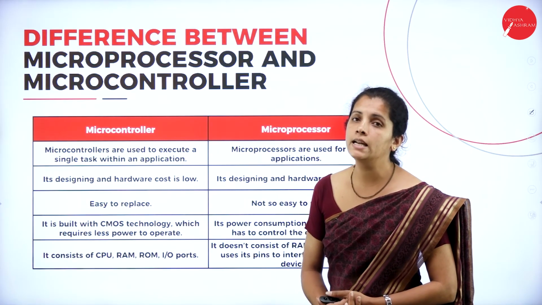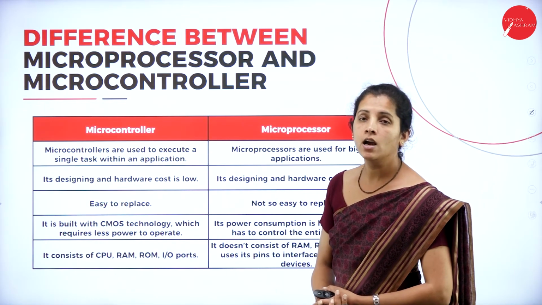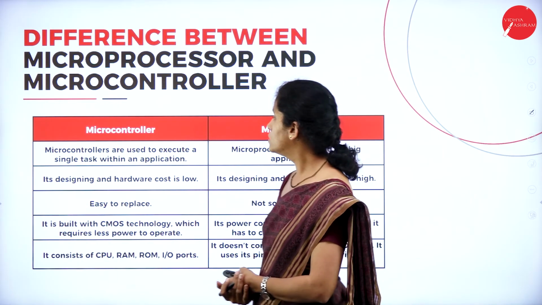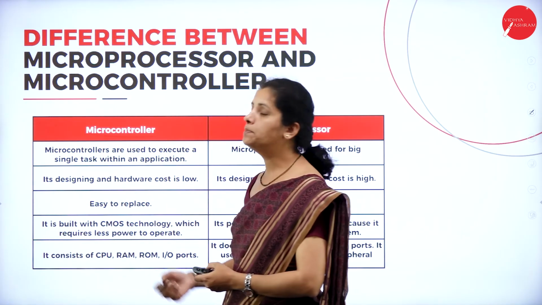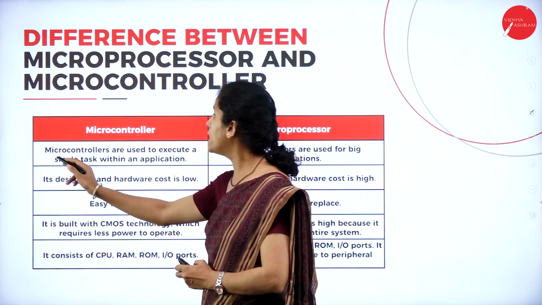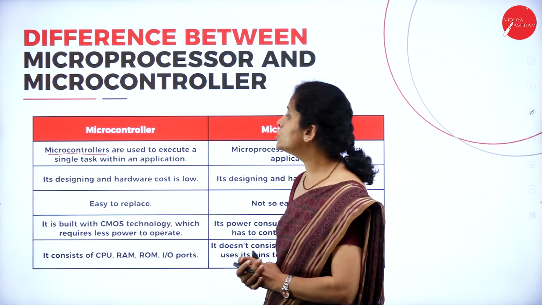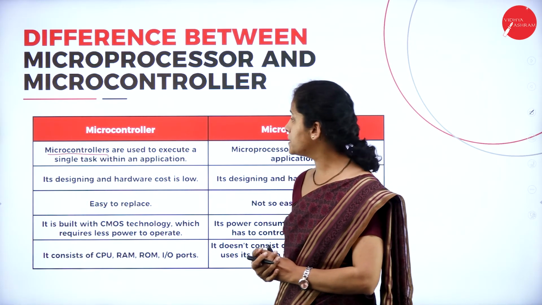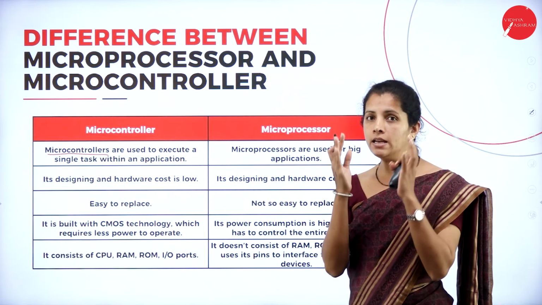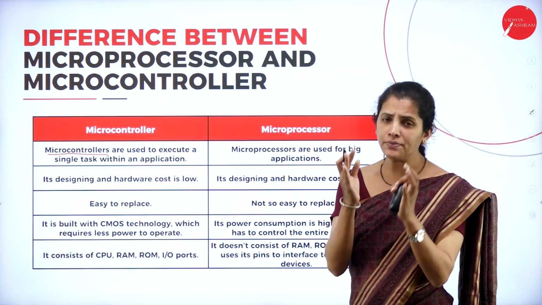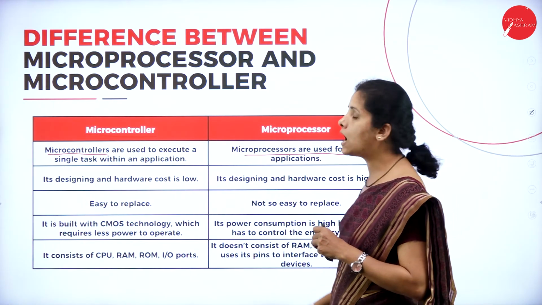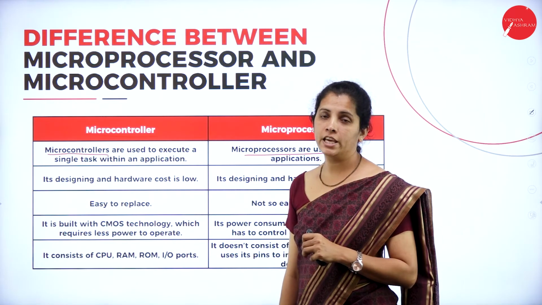Now, dear student, let's see the difference between microprocessor and microcontroller. At the beginning, a microcontroller is used to execute a single or specific task within an application. It is mainly designed to perform a specific task within the application, but microprocessors are used for big applications.